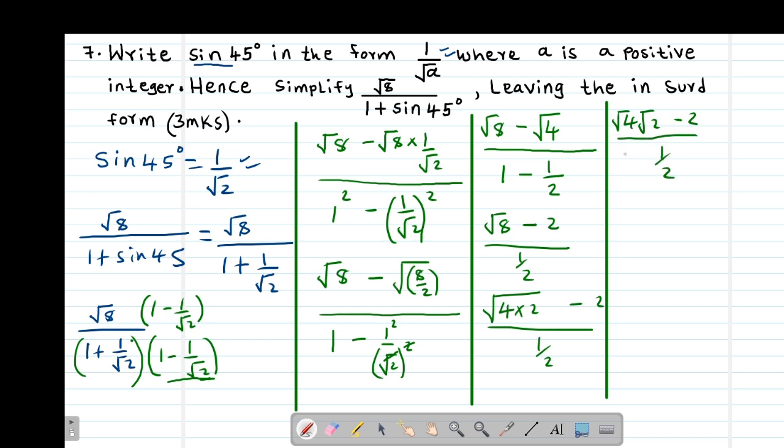The square root of 4 is 2, so this will be 2 root 2 minus 2, divided by a half.